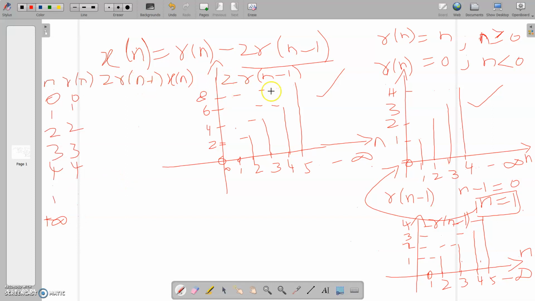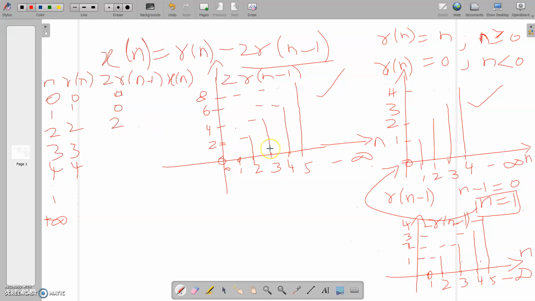When I take 2 into r of n minus 1, what are all the values? At 0, the amplitude is 0. At 1, again the amplitude is 0. At 2, here it is 1 which is multiplied by 2, so here we have 2.